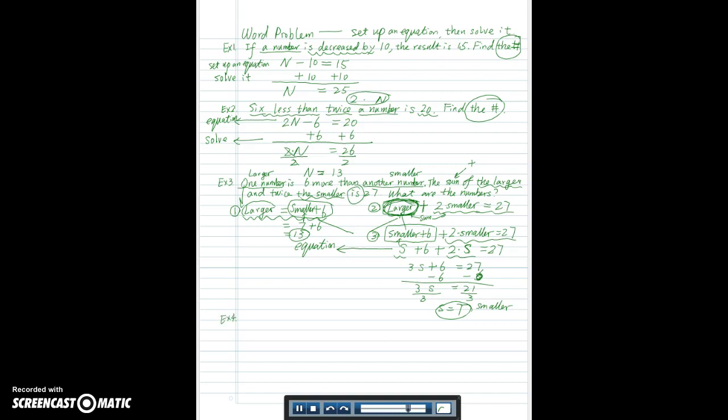Suppose Marina is 3 times as old as her son Jason. The sum of their ages is 48 years. How old is each?